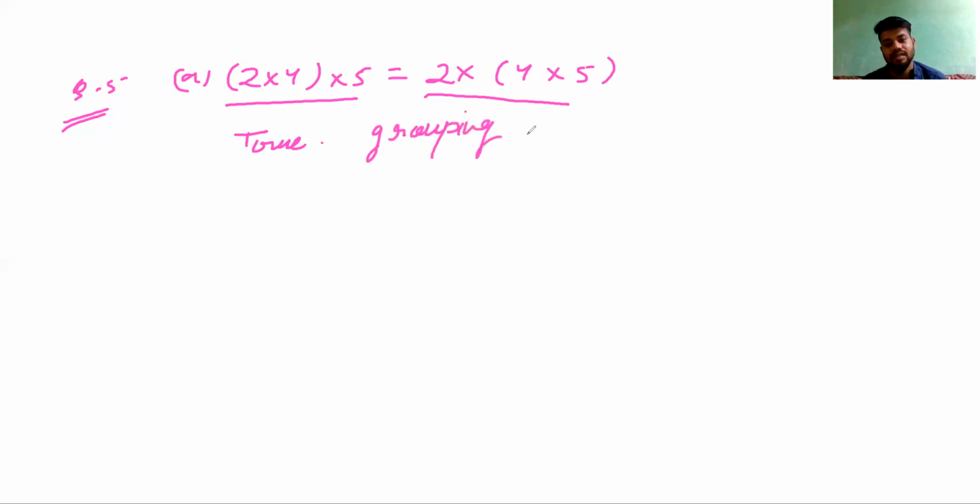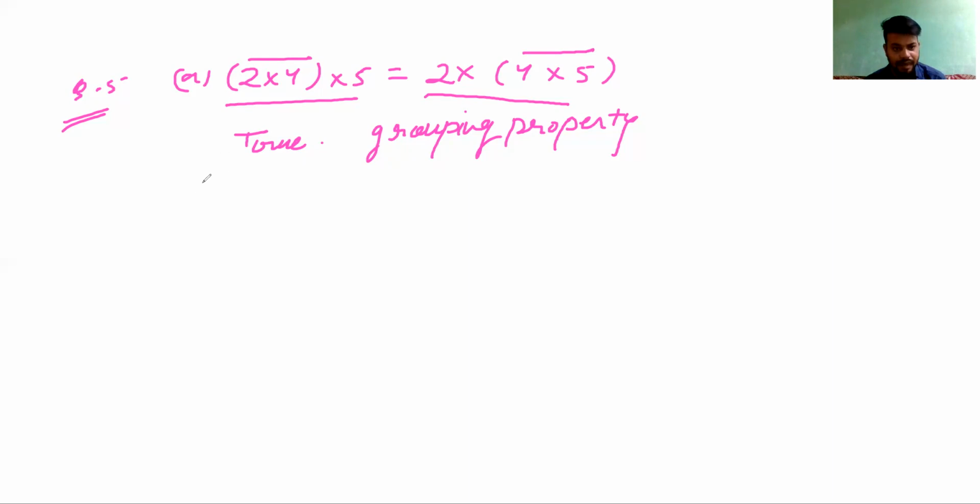Why grouping property? Because first we have grouped 2 with 4, and now we have made a group of 4 and 5. So that is why the name of the property is grouping property.